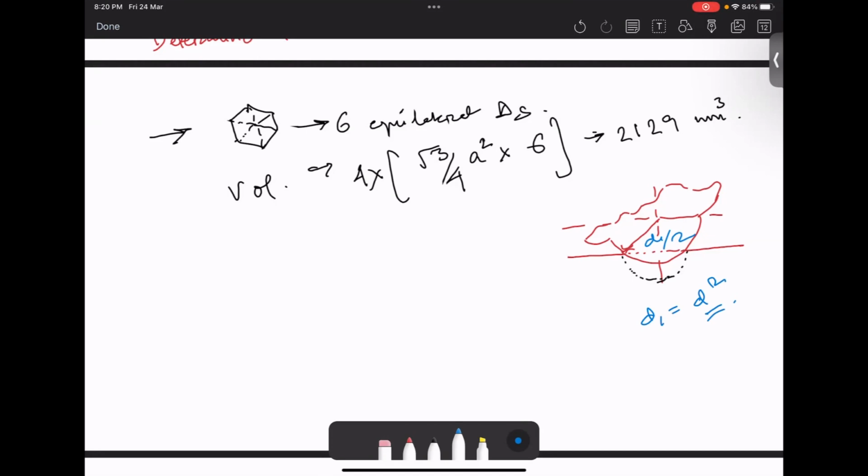So going with the formulations, you find out d1 first, which is proportional to D squared, and D is given as 0.01. So it becomes 0.01 squared, almost equal to 10 to the power minus 4 mm.